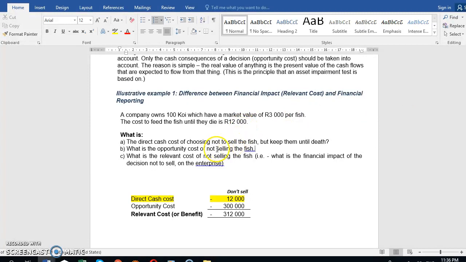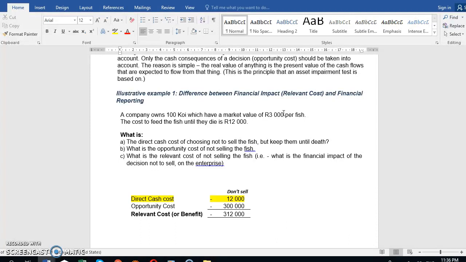If you choose to not sell the fish, in other words you choose to keep the fish, the alternative that you forgo is selling the fish. Alright? And if you had sold the fish, you would have gotten 100 times 3,000, which is 300,000. So the best alternative that you forgo by choosing to keep the fish is 300,000.